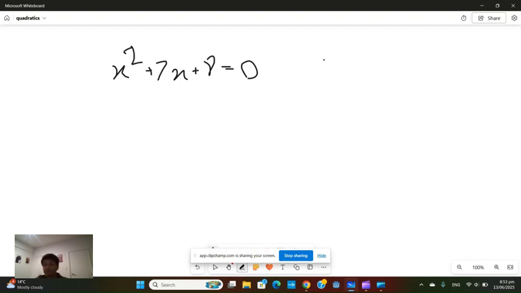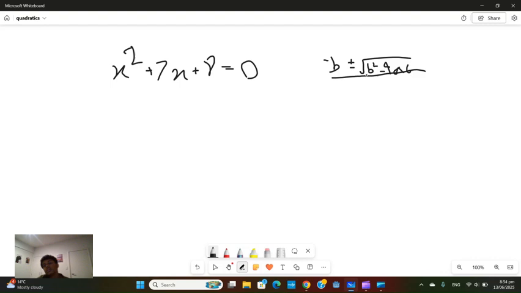So the formula is negative b plus or minus the square root of b squared minus 4ac, divided by 2a. That is the formula.